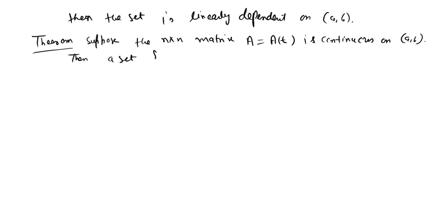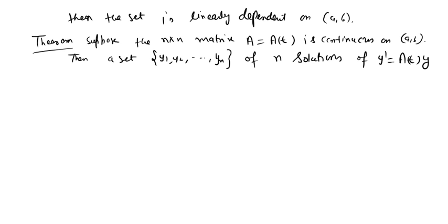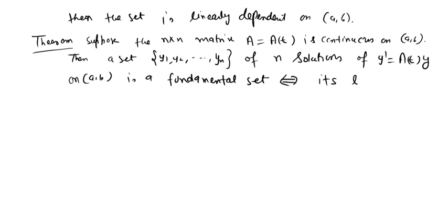Then a set of n vectors y1, y2, up to yn of n solutions of the system y' = A y on a b is a fundamental set of solutions if and only if it is linearly independent on a b. So a set of n solutions is fundamental if they are linearly independent, and vice versa.